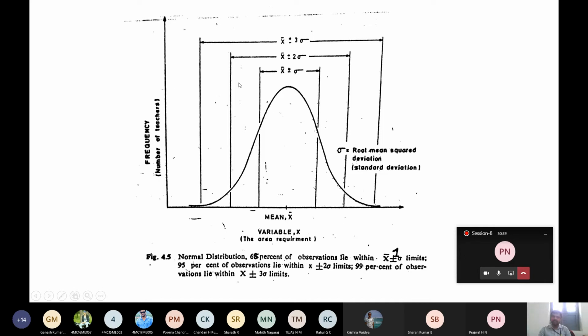If you go for a board size in the range of plus or minus 2 sigma, you are able to satisfy 95% of the teachers. If you go for plus or minus 3 sigma, you are able to satisfy 99% of the teachers. For every point in the graph, there will be a particular value of area, which is not mentioned here.